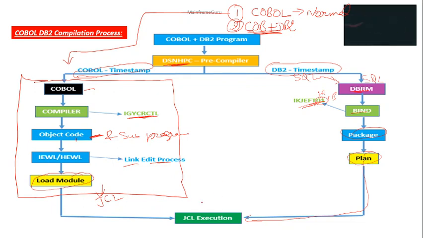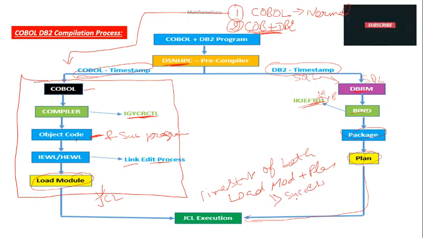Our JCL will check the timestamp of both the load module plus the plan. If they match, it will execute successfully. If they do not match, it will throw the -818 SQL code.